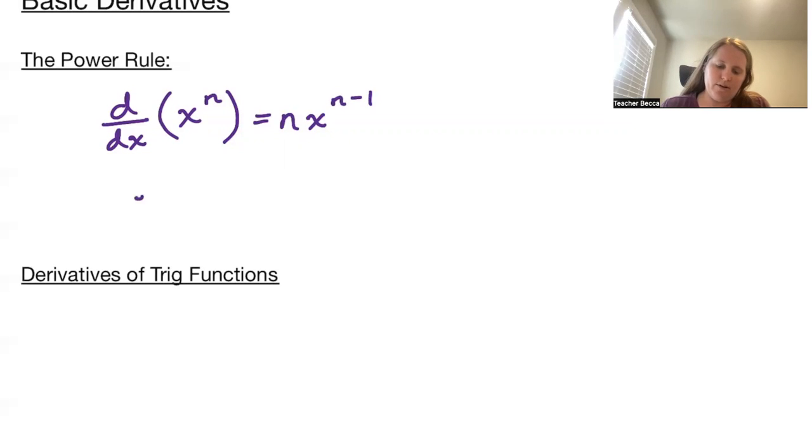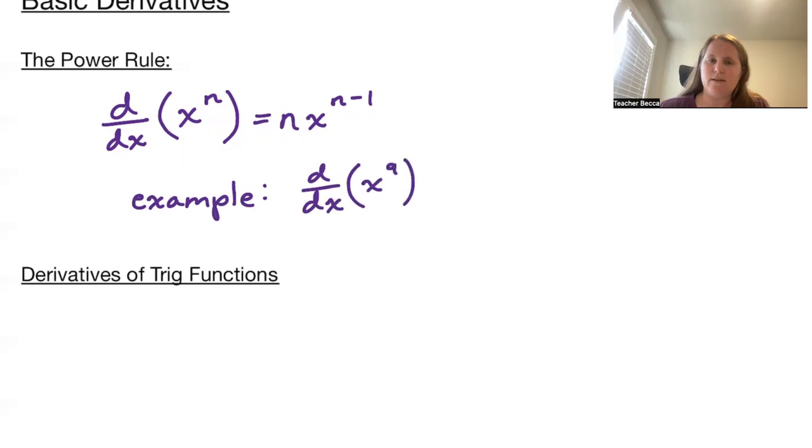So again, for example, if we wish to take the derivative of x to the 9th, that 9 is our n, so we would pull a 9 out front, and we are left with x to the 8th power, dropping that power by 1.